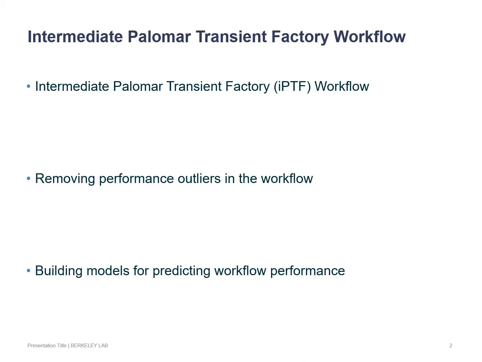This presentation has three major parts. In the first part, I will describe the IPTF workflow and why scientists are interested in predicting its resource requirements. In the second part, I will describe the anomaly detections for outliers in the IPTF workflow data.